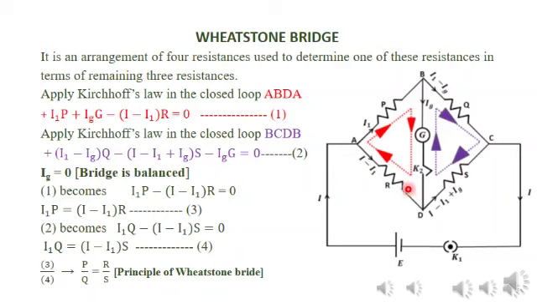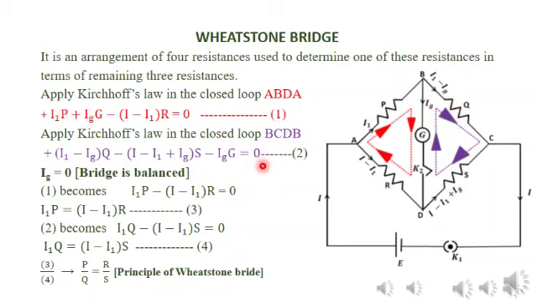Since the current I minus I1 plus Ig flows through resistance S, the product is I minus I1 plus Ig into S. Again continuing clockwise till we find the next resistance, which is galvanometer resistance G, the direction of current and traversal are opposite, so the product is negative, Ig into G. But there is no cell in this loop, so the right side of the equation is 0.